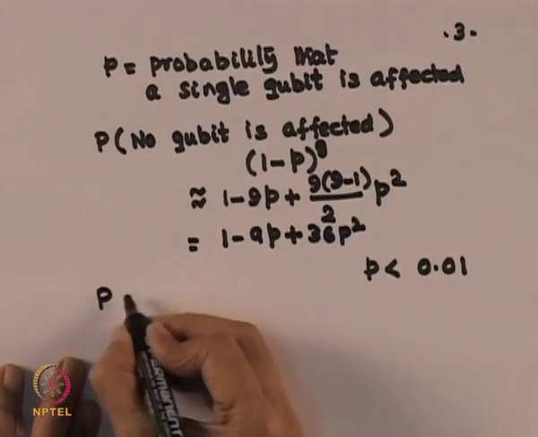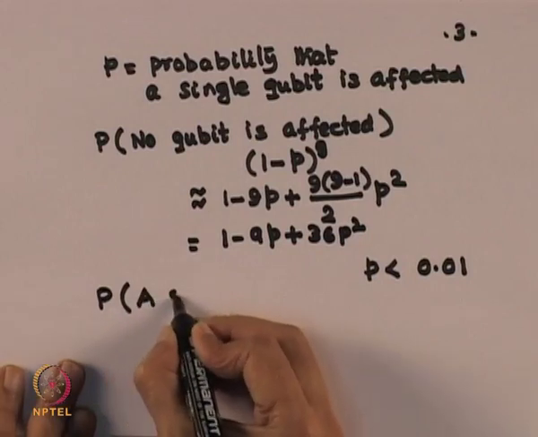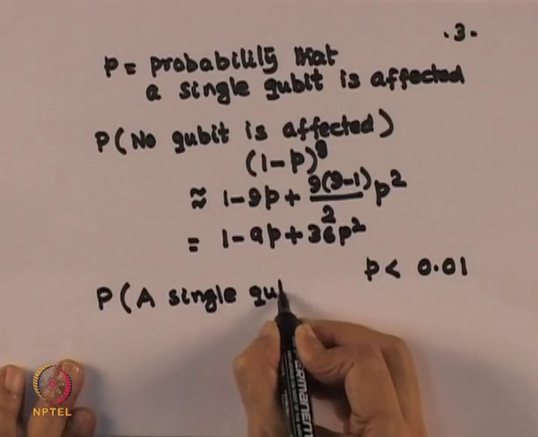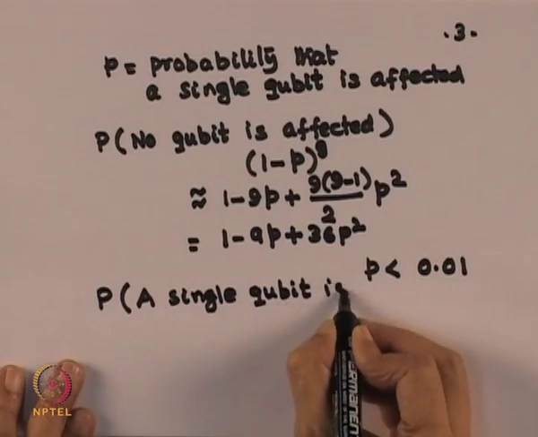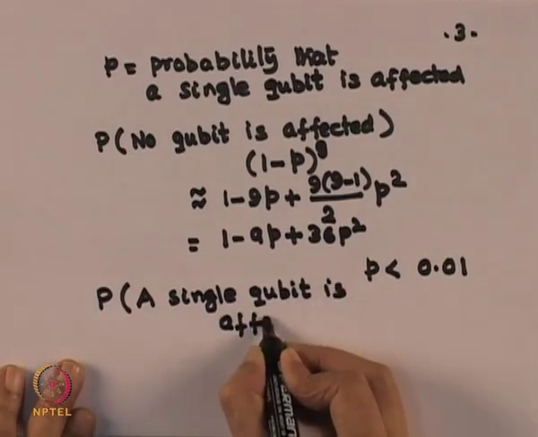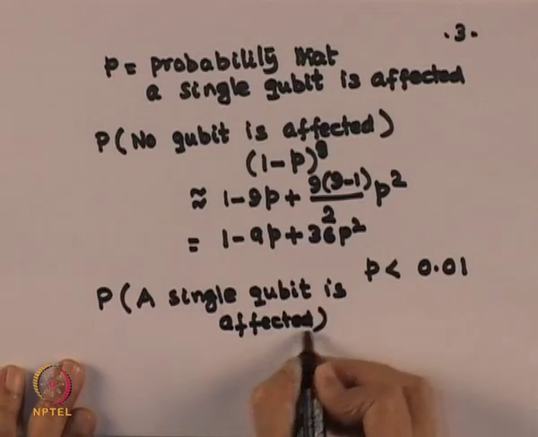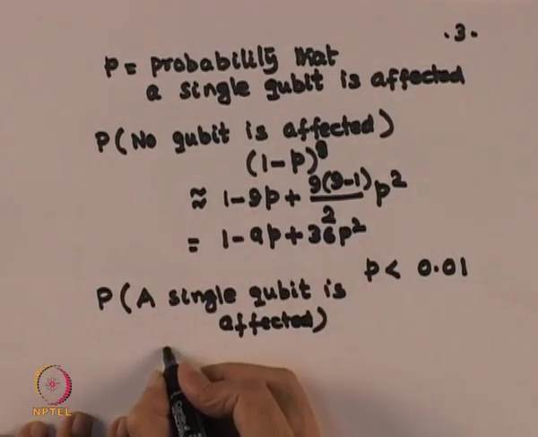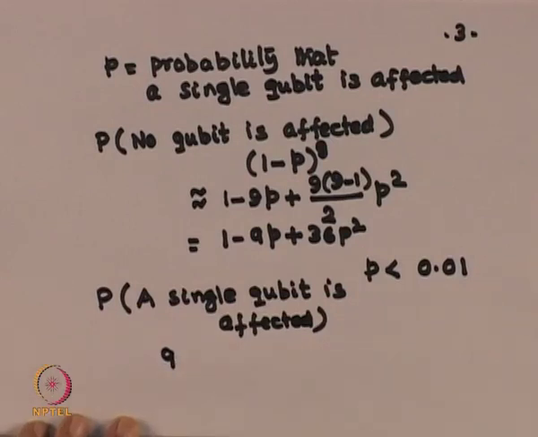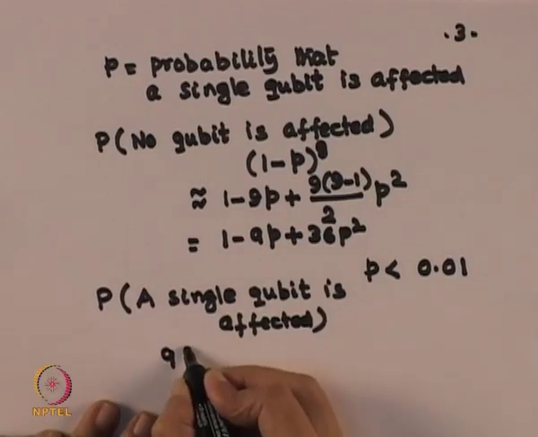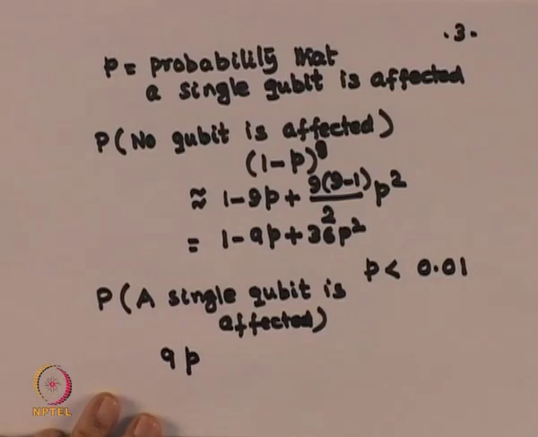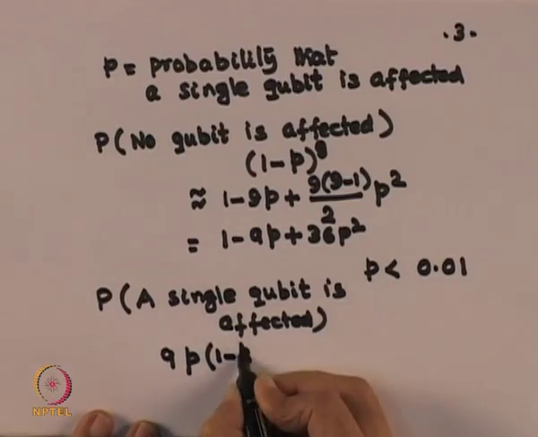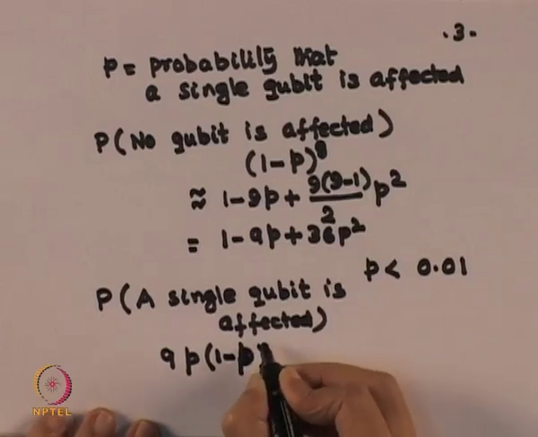The probability that a single qubit is affected is clearly the case where any of the 9, and hence a factor of 9, is subjected to an error which is p, and the remaining 8 have probability 1 minus p raised to the power 8.